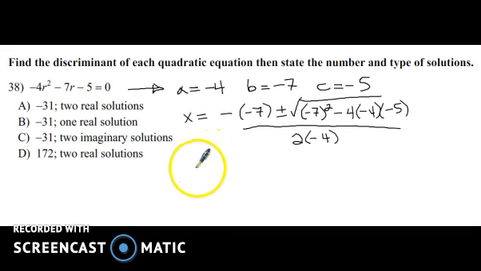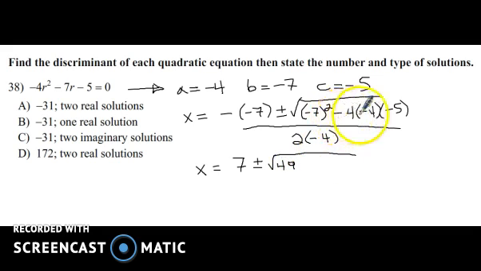Okay, so plugging everything in, x equals, and let's simplify what we have. A negative times a negative is positive, x and minus the square root of negative 7 squared, which is 49, and then negative times negative times negative is going to give me a negative. We have 20 times 4, which is equal to 80.